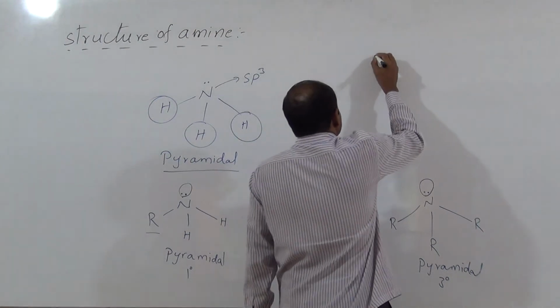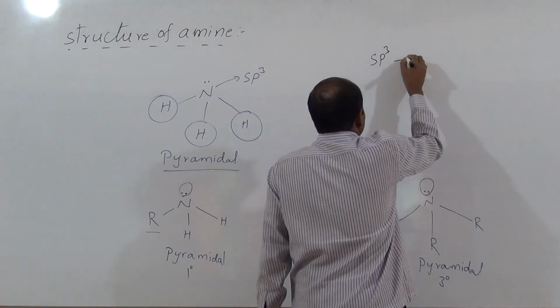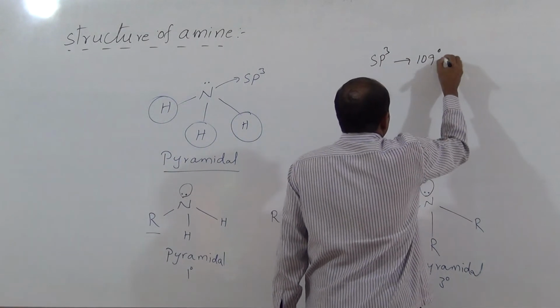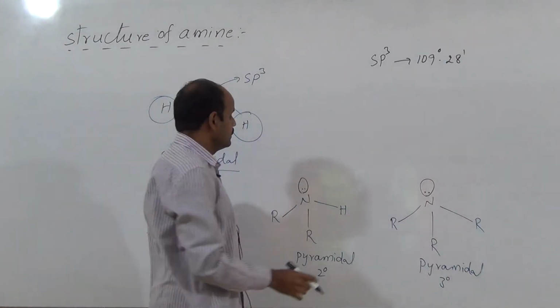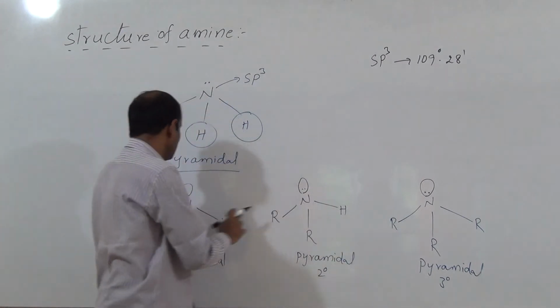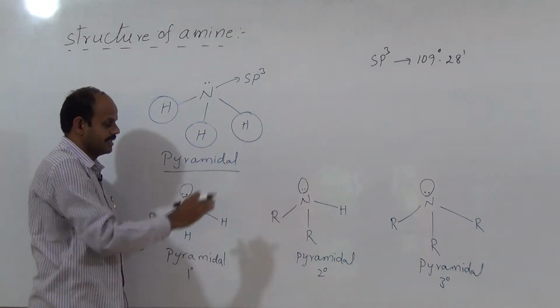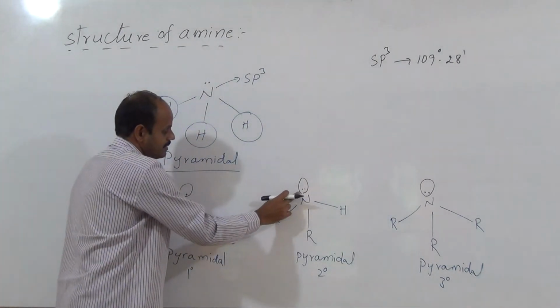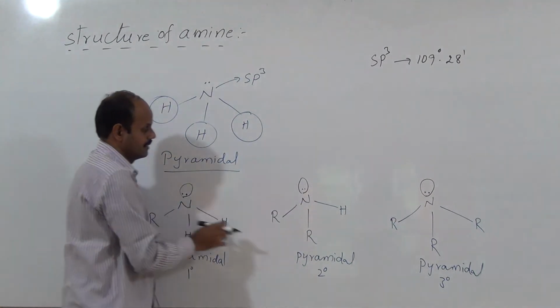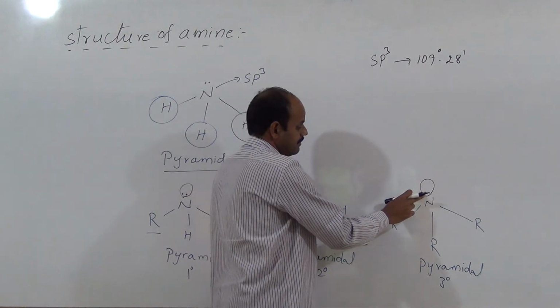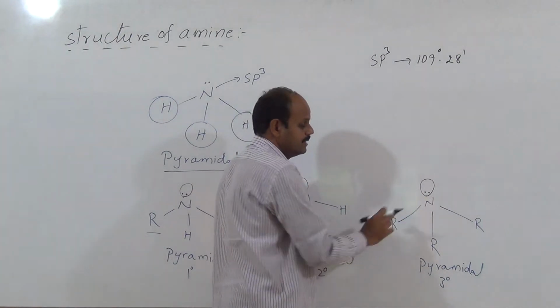What is the general sp3 hybridized bond angle? 109 degrees 28 minutes, the normal bond angle. But due to the lone pair on nitrogen, the bond angle is reduced due to repulsions between the lone pair and the bond pairs of electrons.